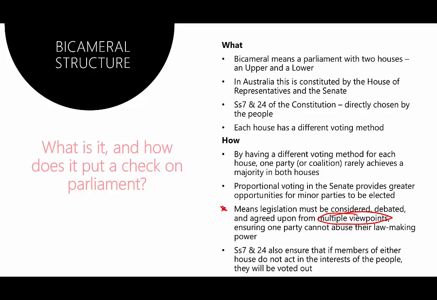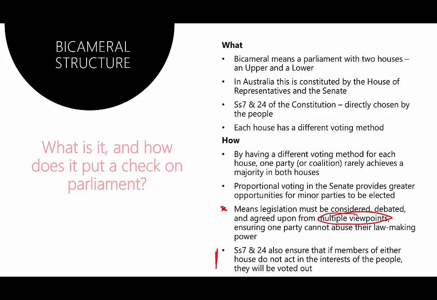So what this means is Parliament is checked as well, because the government can't just make laws that suit a small portion of the population or suit them. Every law passed has to be well considered. And we're going to look at an example in a minute that shows you both how well considered a law can be, but also how tricky it can be to pass a law full stop.